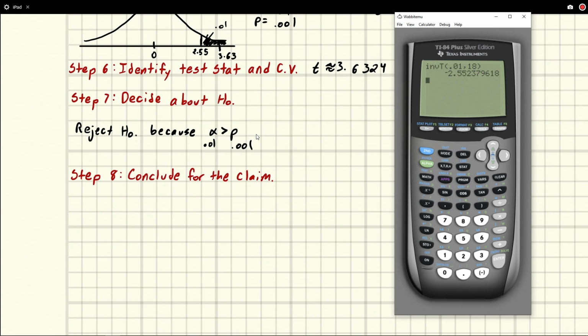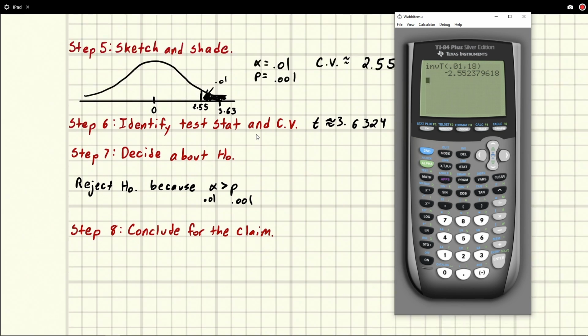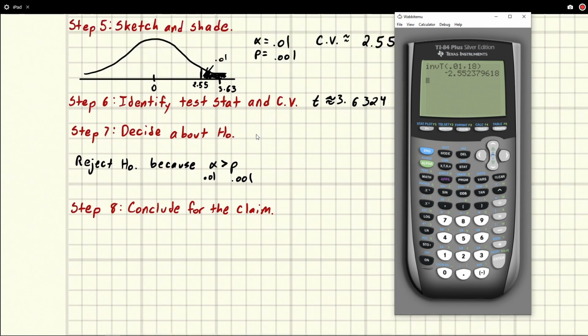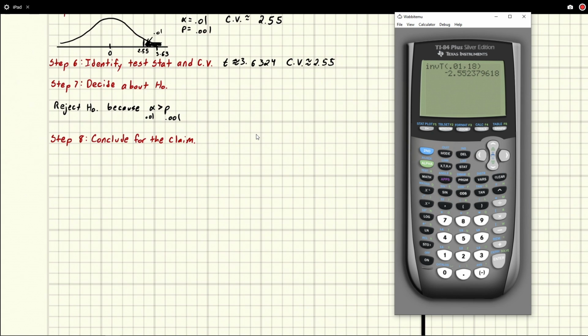And this is another justification. If it was less than, then we would not be in the shaded region, because the p-value would be greater than this area here, and that would push us out over here somewhere into the safe area. So that's how we do step 7.